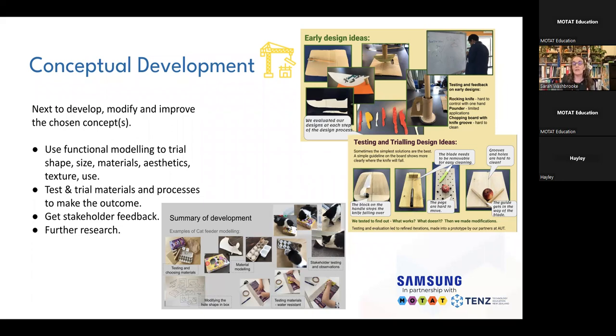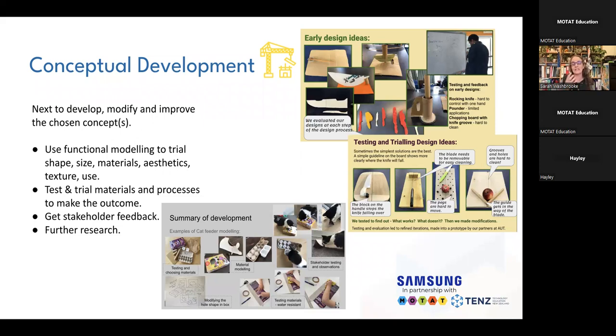And you can see a few of those functional models in the examples of the images on the screen as well. Especially at the top, the first one with the knife project, which was another project that was submitted last year. You can see them testing and trialing ideas, and that was for a knife in the kitchen. But you can see they're using materials which aren't knife-like. There's no sharp edges.